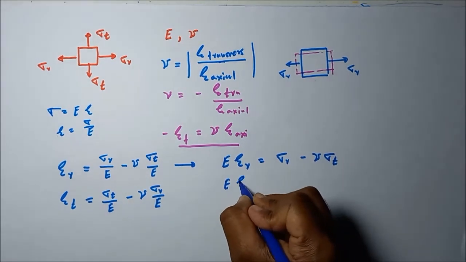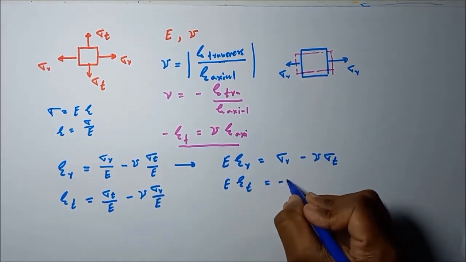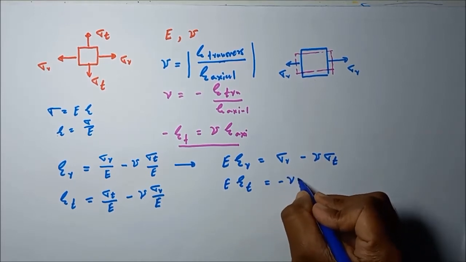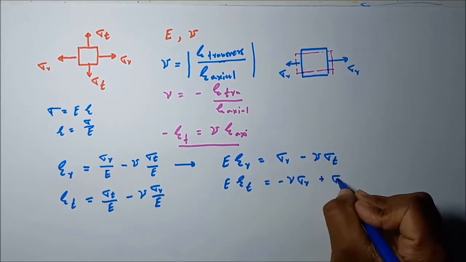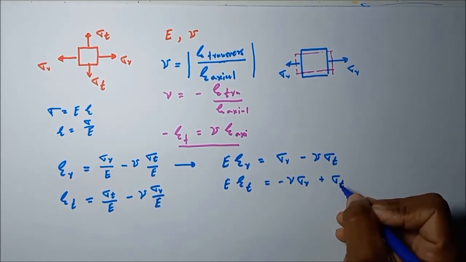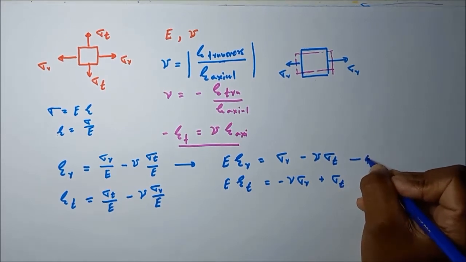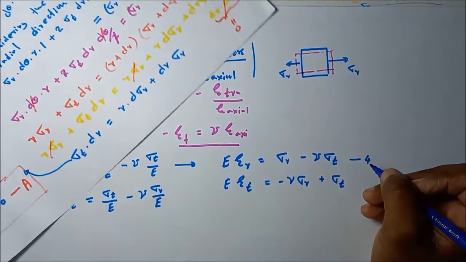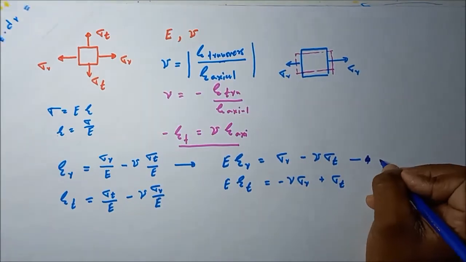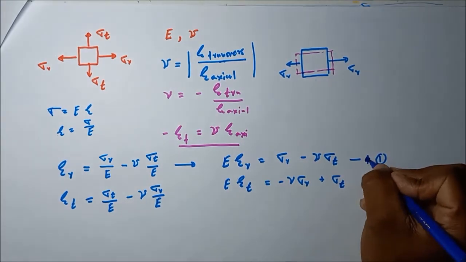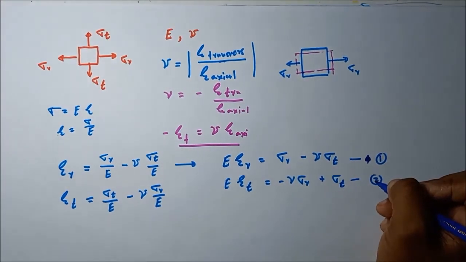E into epsilon t is equal to minus nu into sigma r plus sigma t. Let's take the first equation as equation 1 and this one as equation 2.